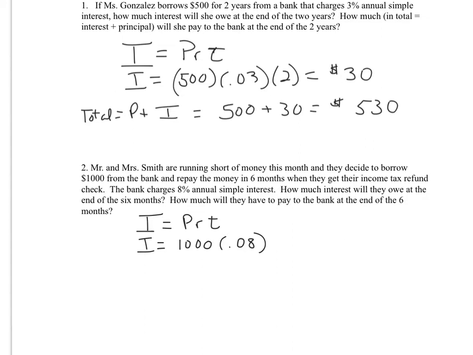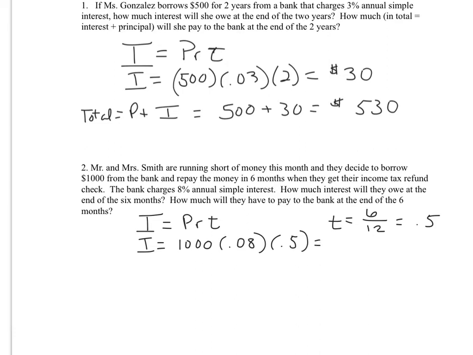That's sort of intuitive. Now, the thing that's working in their favor is they're only borrowing the money for 6 months. But remember, time has to be in years. So there are 6 months that they're going to pay interest on out of 12 months in a year. That's going to be 0.5 or 1/2 for time.